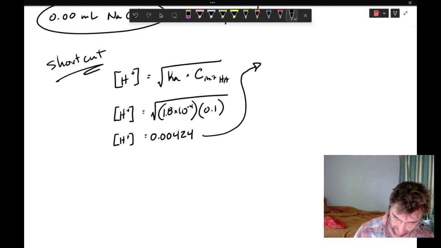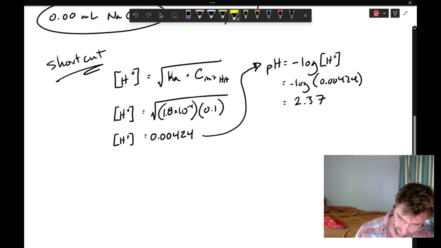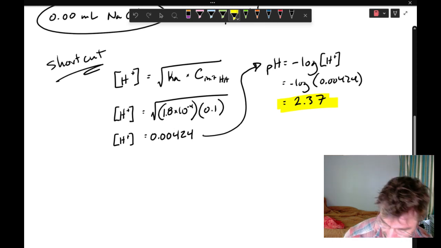Now we can solve for pH. pH equals the negative log of H, keep this in the same column, equals negative log 0.00424 equals 2.37. We can check our answer key and that should be the answer.